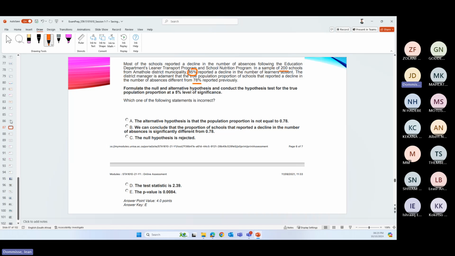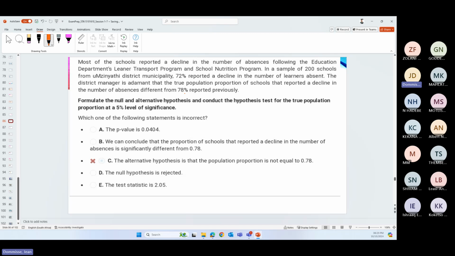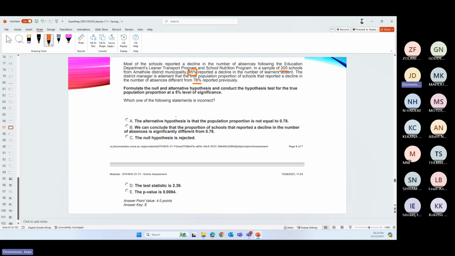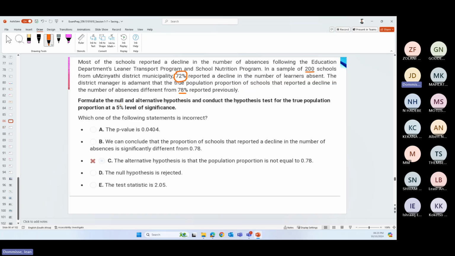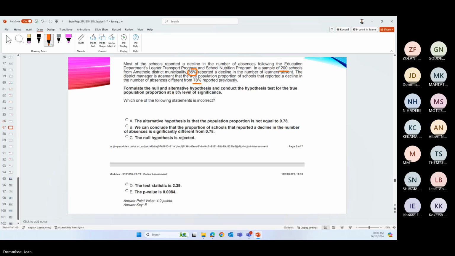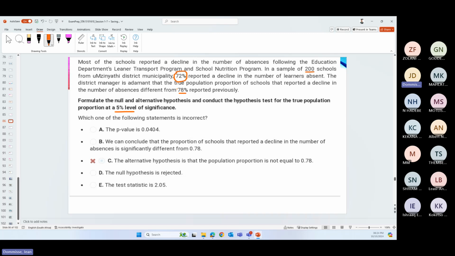Look at that 78. There's still your 78. There's the 200. So the only thing that has changed in the two questions, at least the name has also changed, and then they also ask you the 5% level. So very similar questions in two different years.